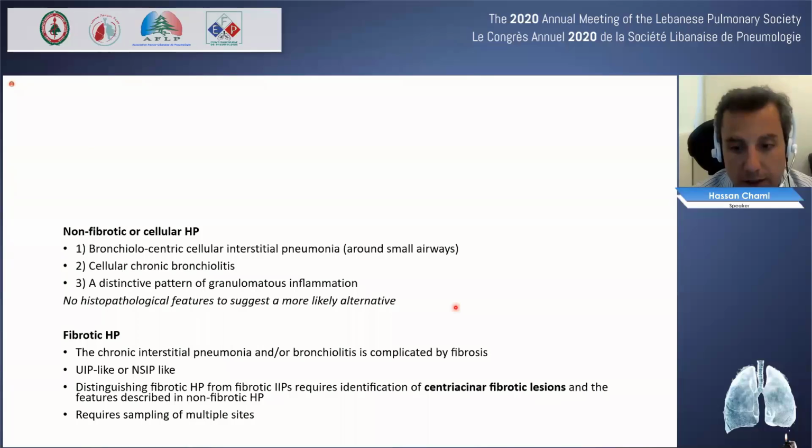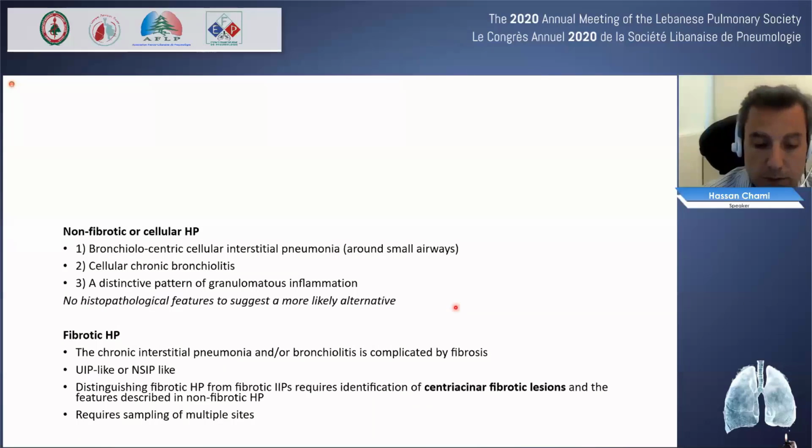But really, what's thought to be the most distinctive finding is finding fibrotic lesions in the center of the acinus. We call them centriacinar fibrotic lesions. Now, to be able to find these, you would really need sampling of multiple sites.